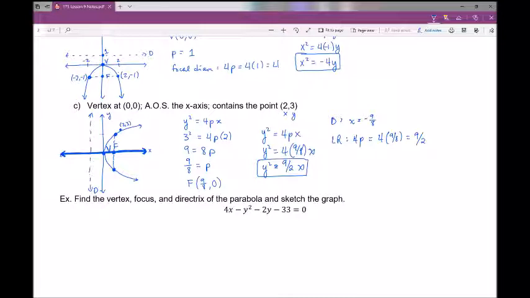The distance on the top is going to be 9/4, and the distance on the bottom is going to be negative 9/4. And so our 2 points are going to be (9/8, 9/4) and (9/8, -9/4). And that is our picture.